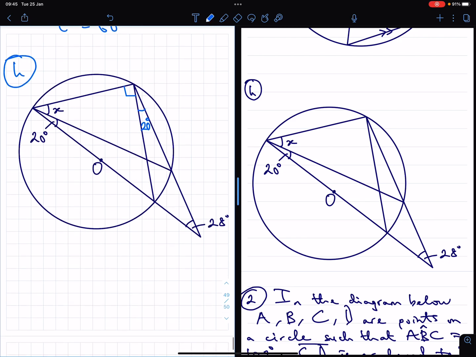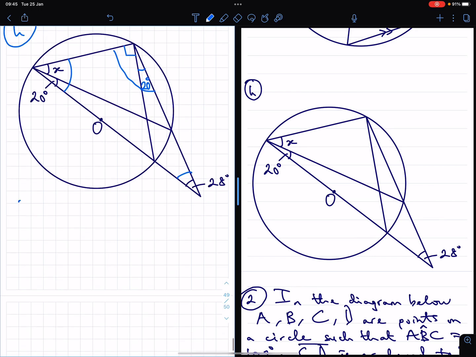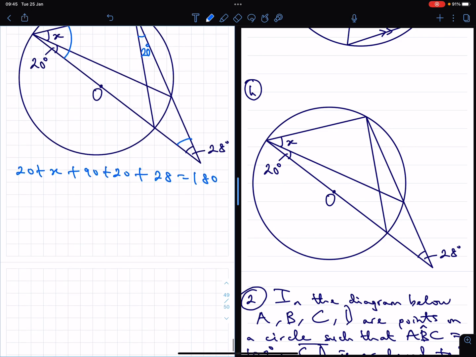I know that the whole of this angle plus the whole of this angle plus the whole of this angle equals 180 degrees. That simply means 20 plus X plus 90 plus 20. Of course, the whole of this angle is 90 plus 20, which is 110, plus 28 degrees, equals 180 degrees, angles in a triangle.